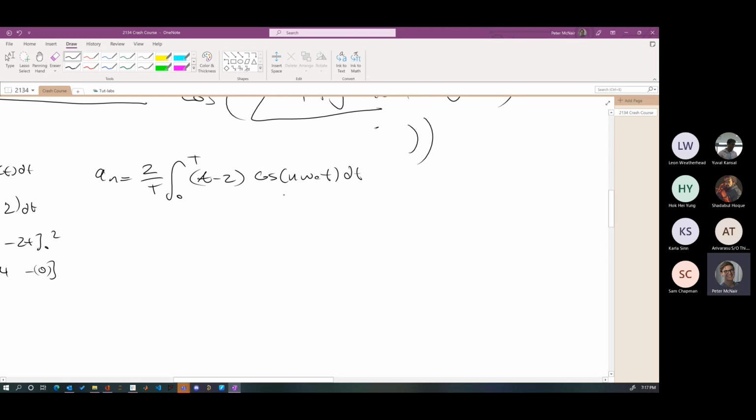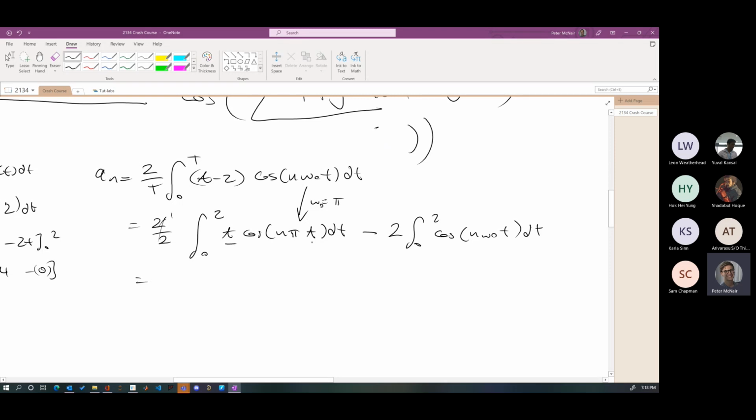So let's break this out into two integrals. So this is 2 on 2, it just becomes 1. So let's ignore that. So it's integral from 0 to 2 of t cos n pi t dt, because remember our omega naught equals pi, and this is minus 2 integral from 0 to 2 of cos n omega naught t dt.